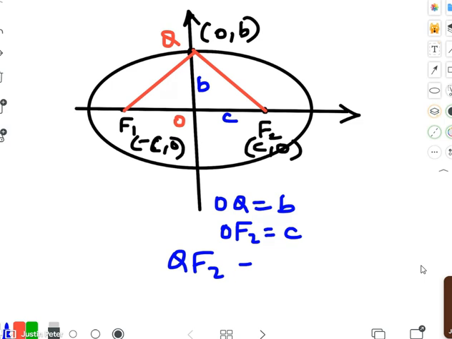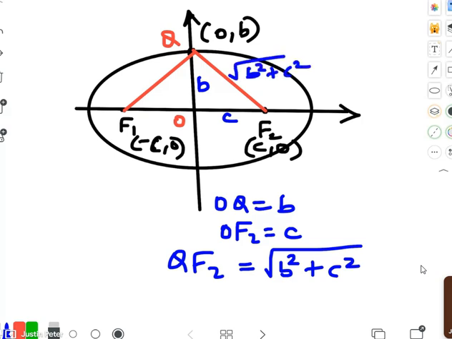Root of b square plus c square. Right? How about on the other side? The same thing. Because the minor axis and major axis are perpendicular to one another.